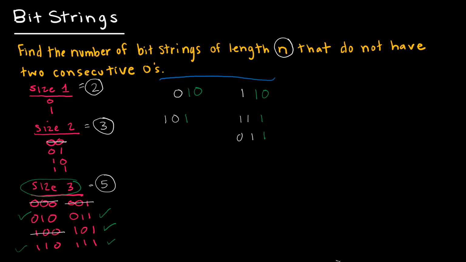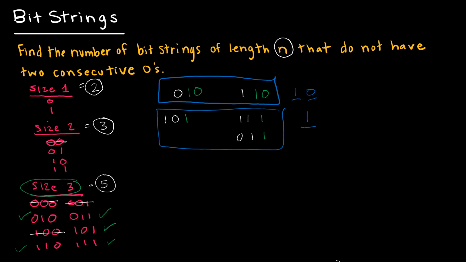It looks like if it was size 1, I added a 1, 0 to the end of it. And if it was size 2, I added a 1 to the end of it. Now, does that make sense? Could I continue that pattern?